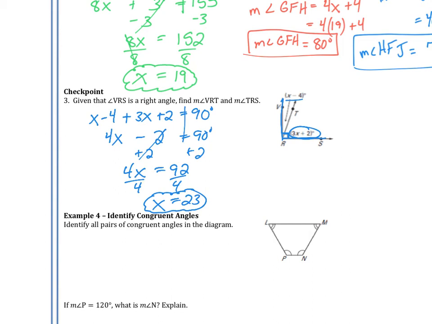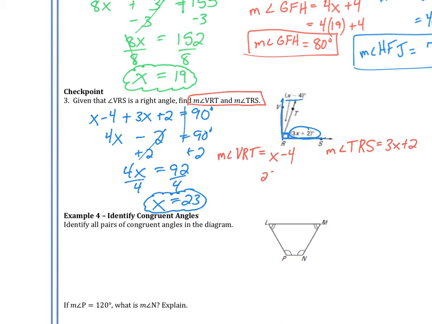Okay, and then when we're done, we have to find VRT and TRS. So the measure of angle VRT is equal to x minus 4, and the measure of angle TRS is equal to 3x plus 2. And now we just have to plug x in.